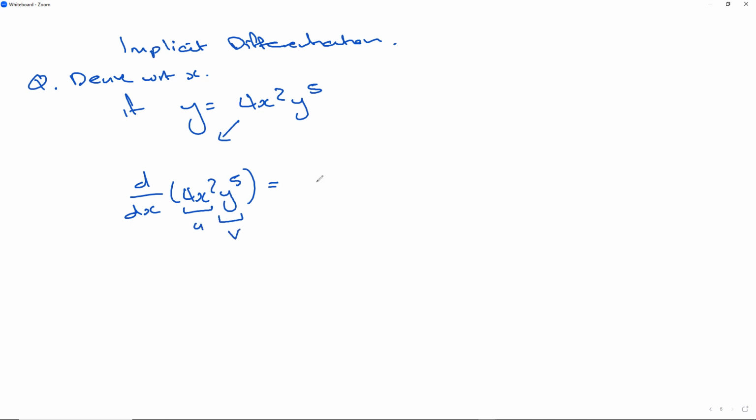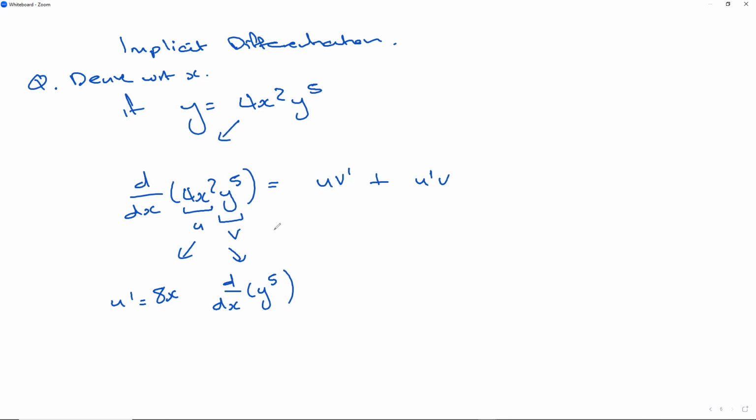So I'm going to end up with u dash v plus u v dash, basically. Now, if I derive this with respect to x, it's going to become 8x. But if I derive this with respect to x, I can't, because it's y. So I just rewrite it as is.